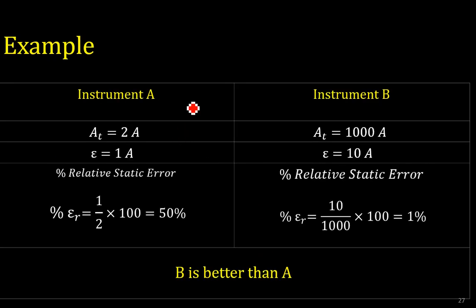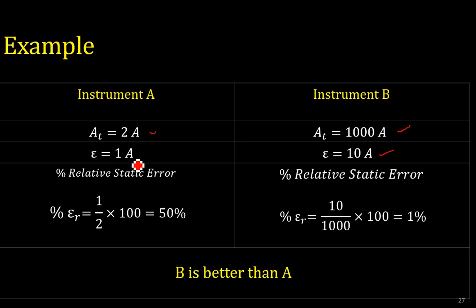See here, you have instrument A and instrument B. Instrument A has a true value of 2 amperes and instrument B has a true value of 1000 amperes. And the absolute error or the static error for A is 1 ampere and for B is 10 amperes. And the relative static error is defined as the measured value minus true value, that is the error, divided by the true value.